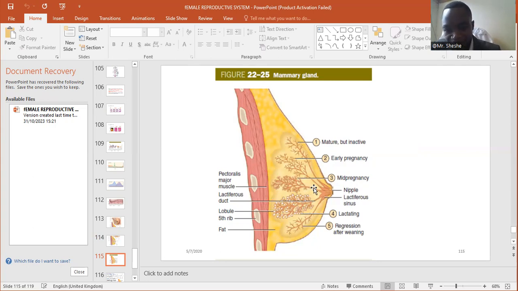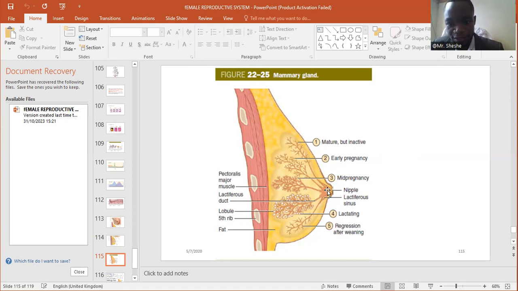Now, lactiferous ducts from each lobe will eventually meet at the nipple. That's why the nipple is projected forward, because it has so many ducts terminating there. Each lactiferous duct forms a sinus, like a pool, if you like, where milk will collect, and then the baby can suck it from there.